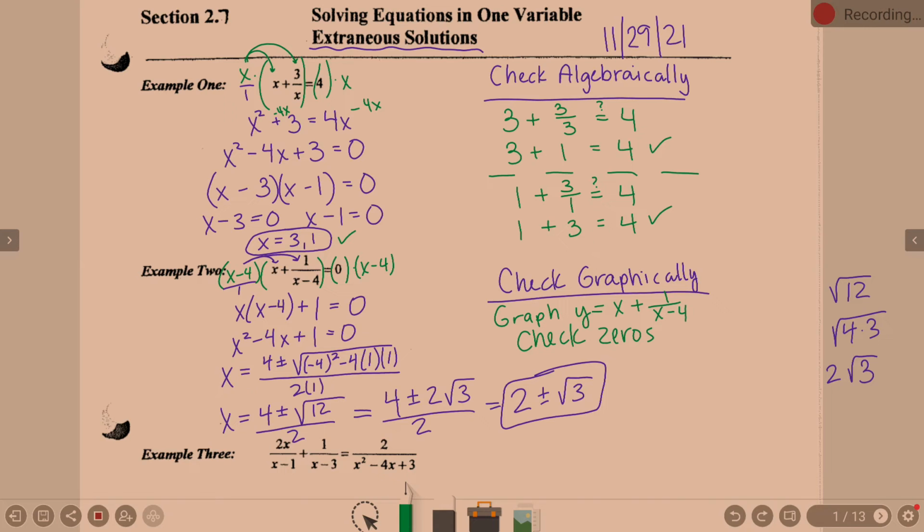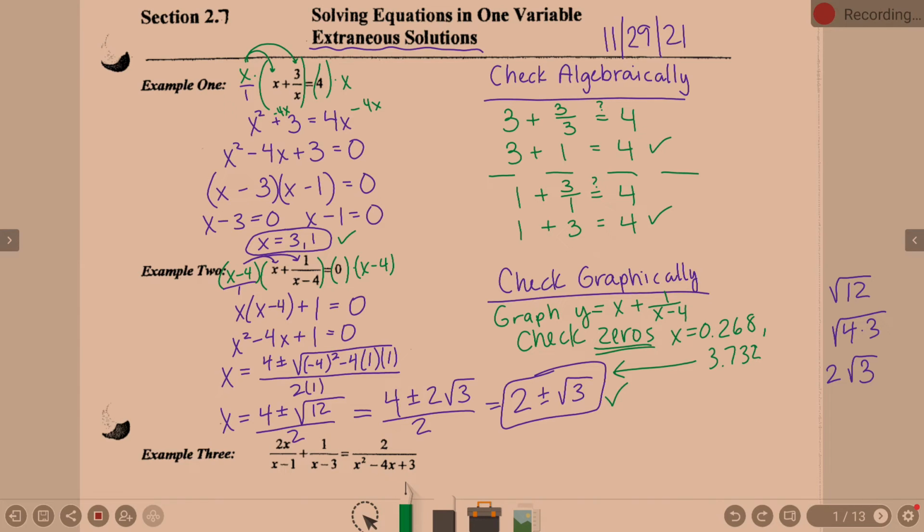There we go. That's how we're going to check graphically, is you check the zeros. If I find out my zeros are x equals, it was what, 0.268 and 3.732. And the key is they match up with that. Okay? So it checks. But the key is to check your zeros when you check graphically.